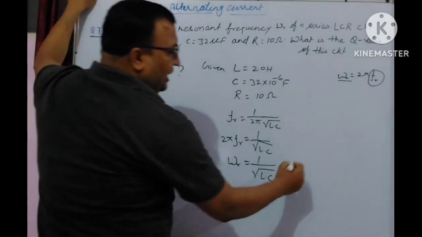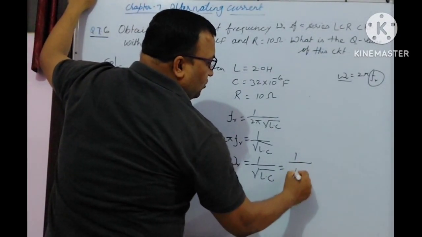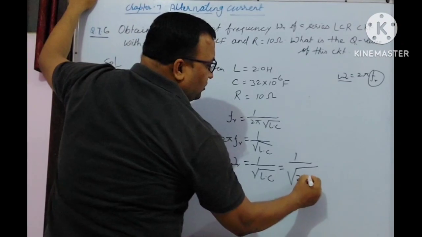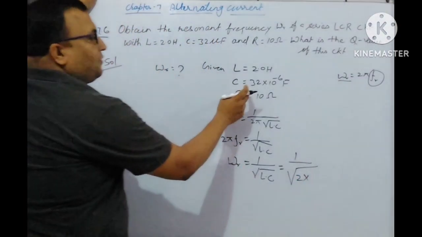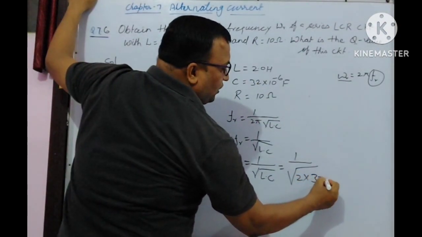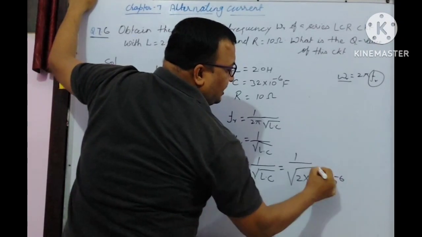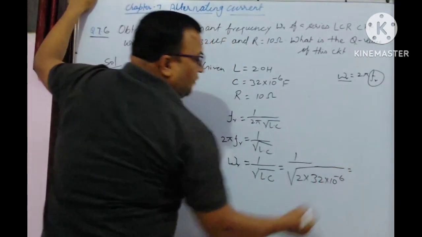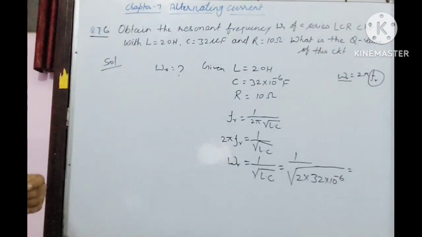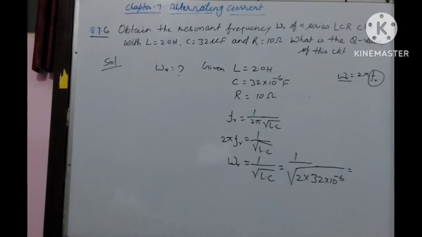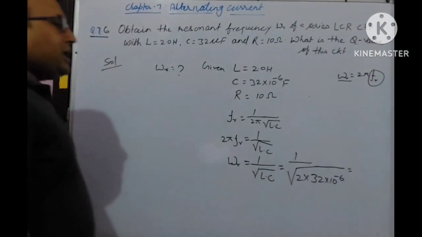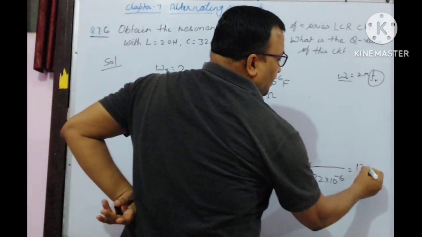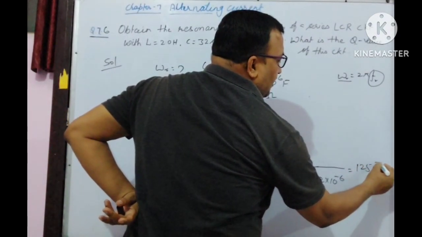The value of L is 2, so it is 1 by root under 2 into, and what is the value of C? 32 into 10 to the power minus 6. If you put these values in that particular equation, you will get the result, and that is 125 per second.